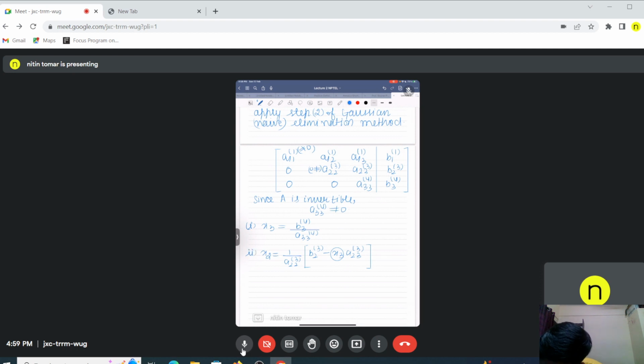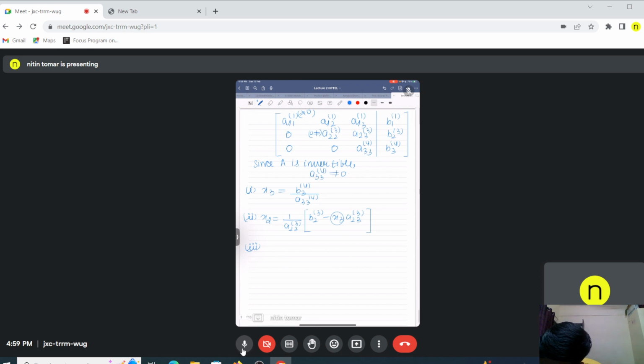Third is X1. X1 will be 1 by A11 times B11 minus X2 A12 minus X3 A13.